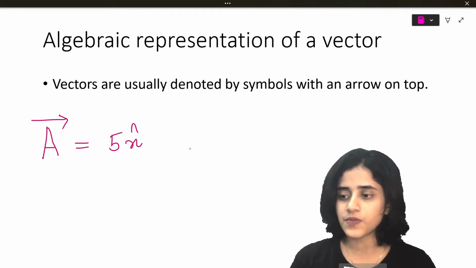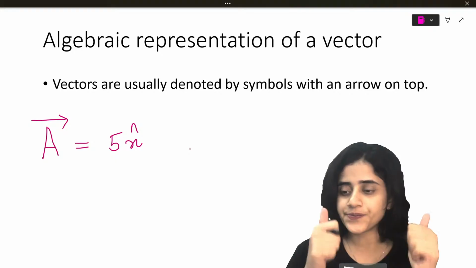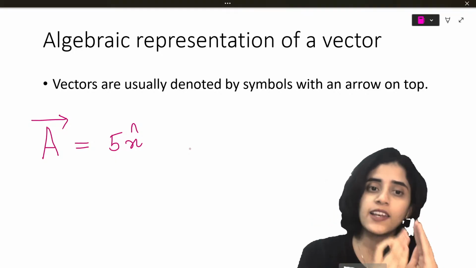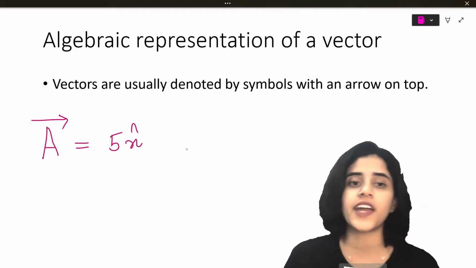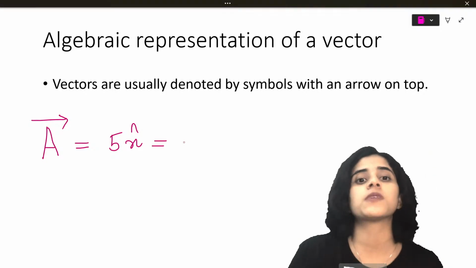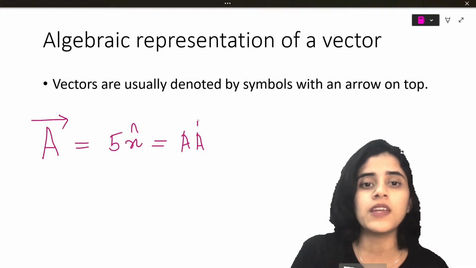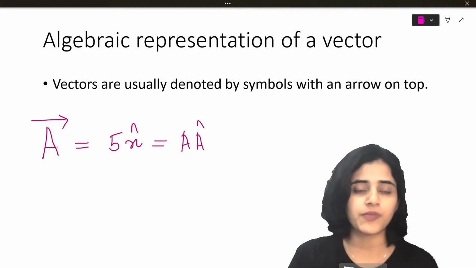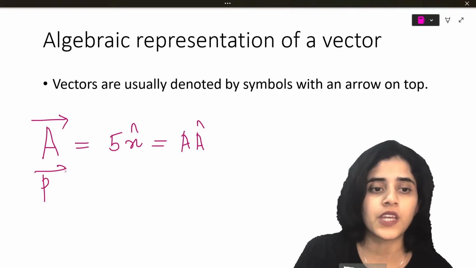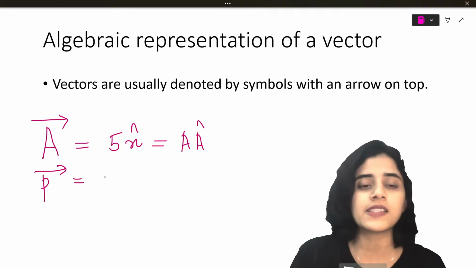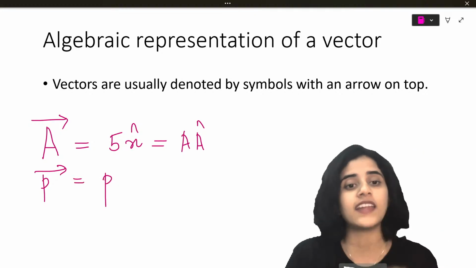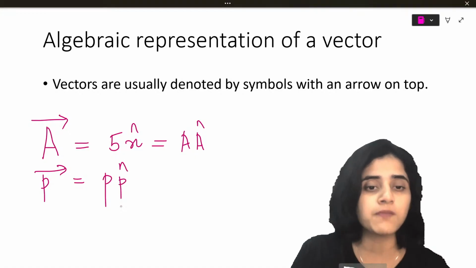Is that clear? Yes. So 5 is the value of the vector, x cap is the direction of the vector. Now this can also be written as the magnitude A, and the direction A cap. So let's say if you have a vector P, P basically has a value of P and direction P cap.